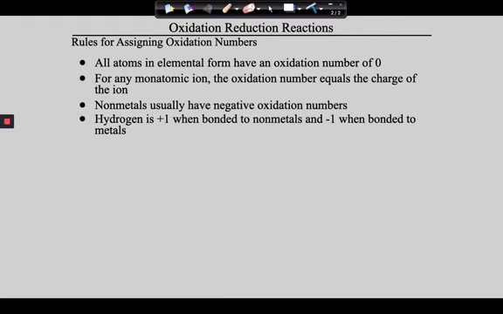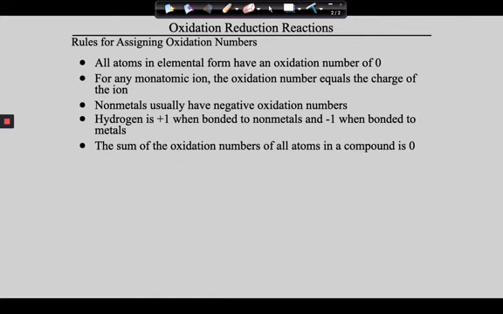If you put hydrogen with a nonmetal, it'll go +1. If you put hydrogen with a metal, it'll go -1. Which may make sense. Nonmetals tend to be negative, so hydrogen goes positive. Metals tend to be positive, so hydrogen goes negative. And guys, again, I know these may be a little obscure and confusing, but as we talk about them, it'll become more clear.